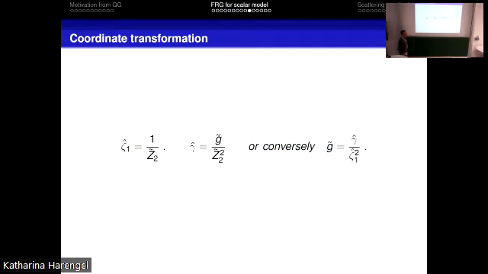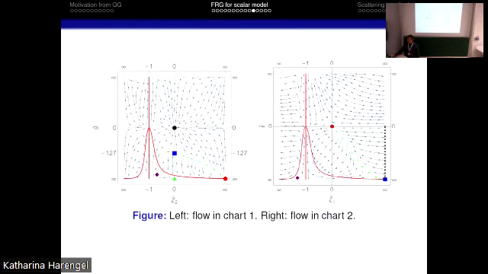You can think of this as a sort of coordinate transformation on theory space, like having two charts in the sense of manifolds. Then things become a bit clearer by looking at the picture of the flows. On the left-hand side, we have the chart that comes from the dimensionful field. On the right-hand side, the chart where you use a dimensionless field.